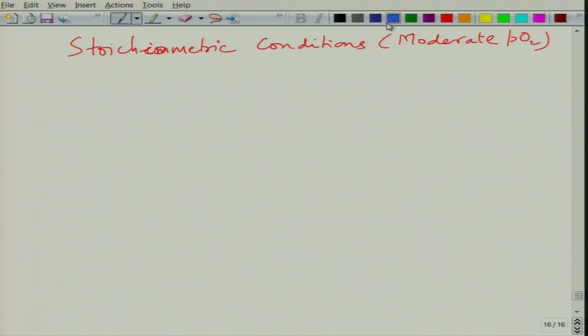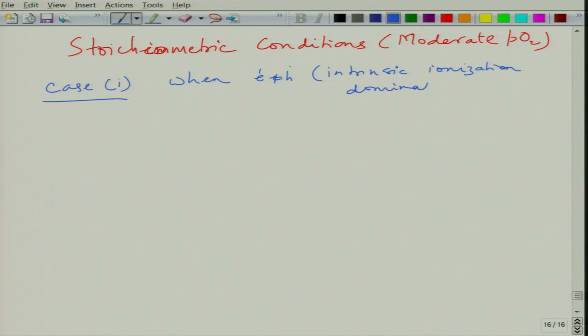We consider the case 1 when electron plus hole formation, that is intrinsic ionization, dominates. So, the defect reaction is nothing but this.